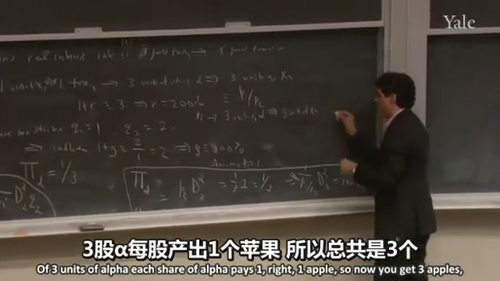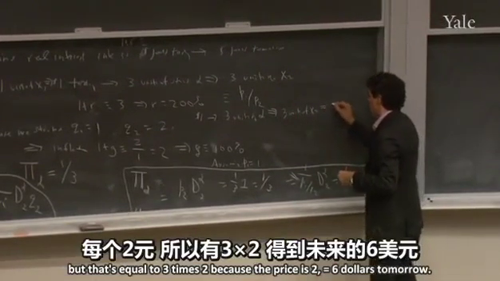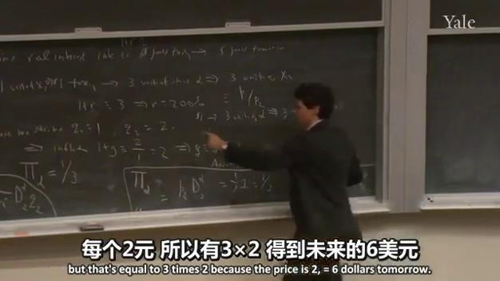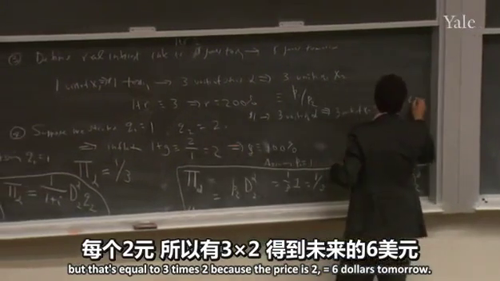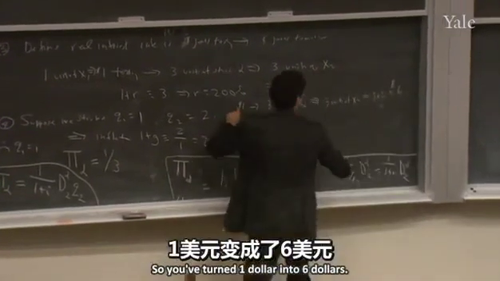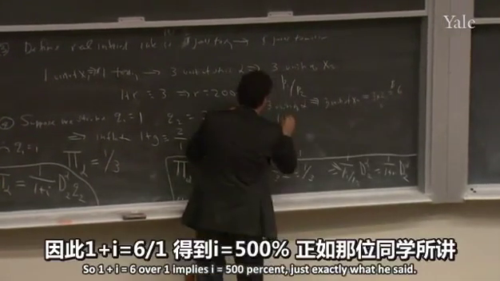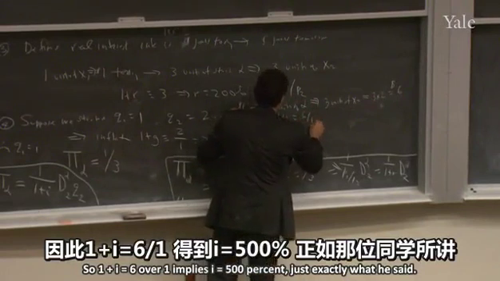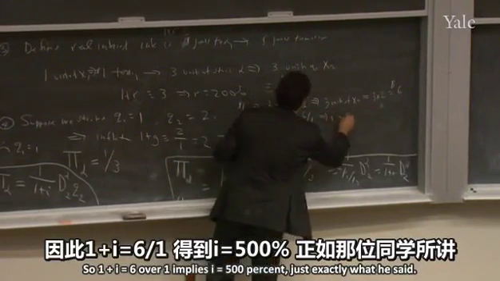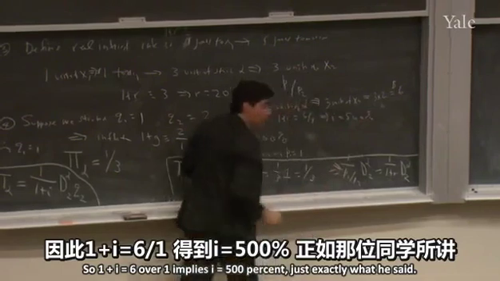So now you get 3 apples, but that's equal to 3 times 2, because the price is 2, equal to $6 tomorrow. So you've turned $1 into $6. So 1 plus I equals 6 over 1 implies I equals 500%, which is exactly what he said.